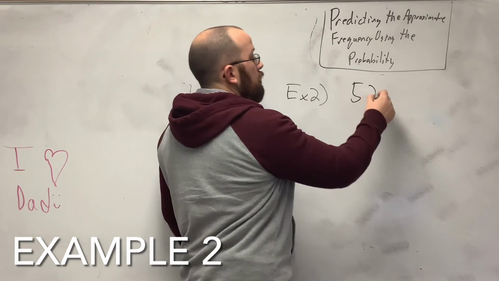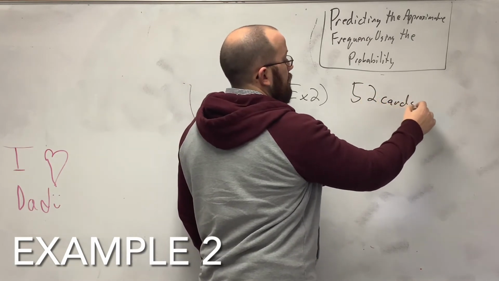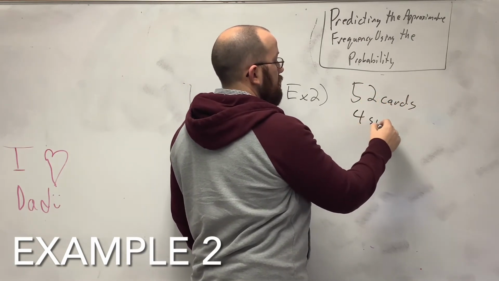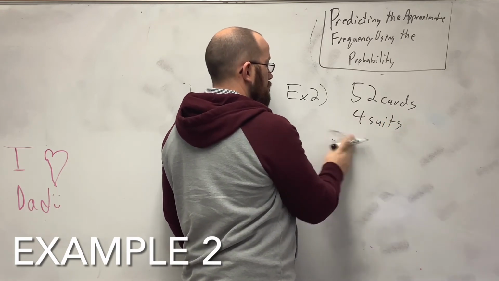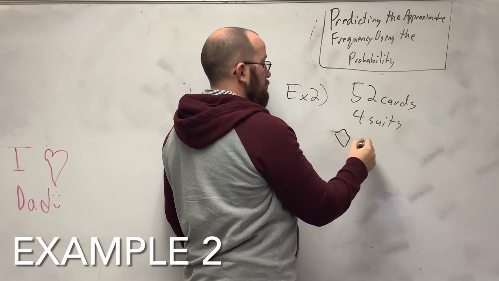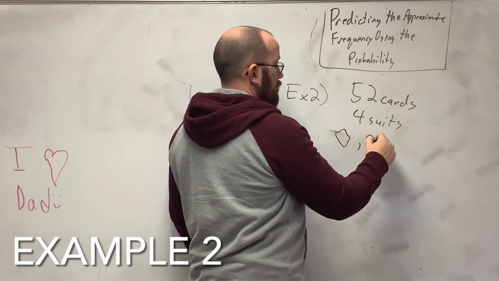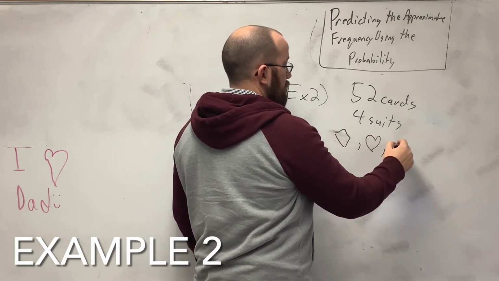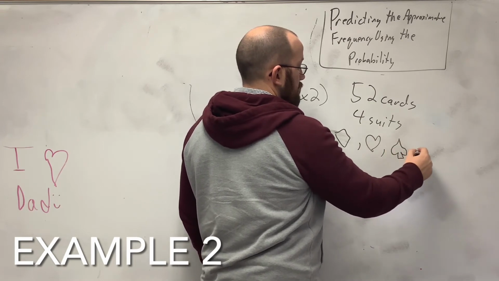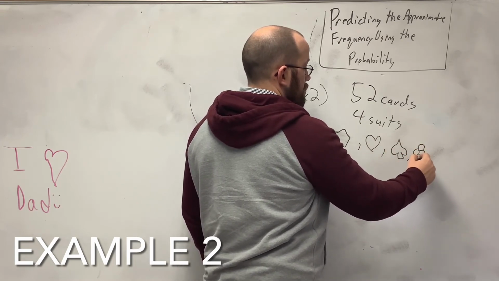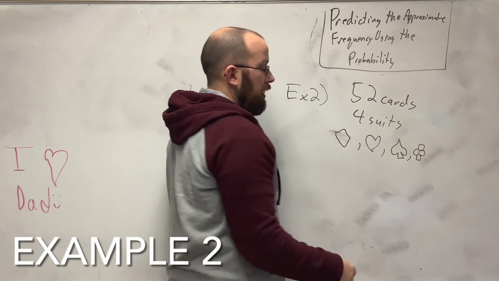If I have 52 cards and 4 suits, the 4 suits are broken into diamonds, hearts, spades, and clubs. Looks like broccoli.